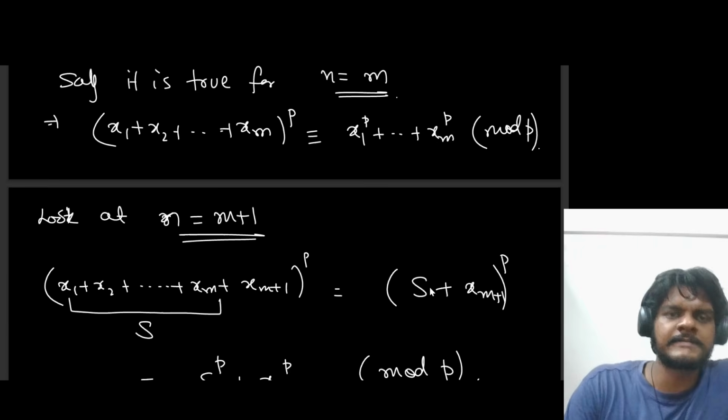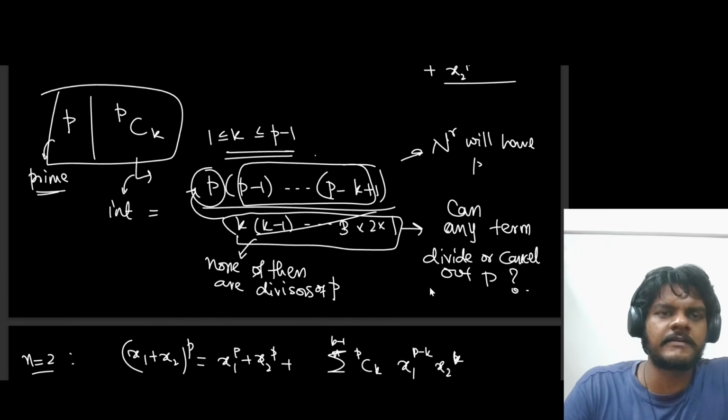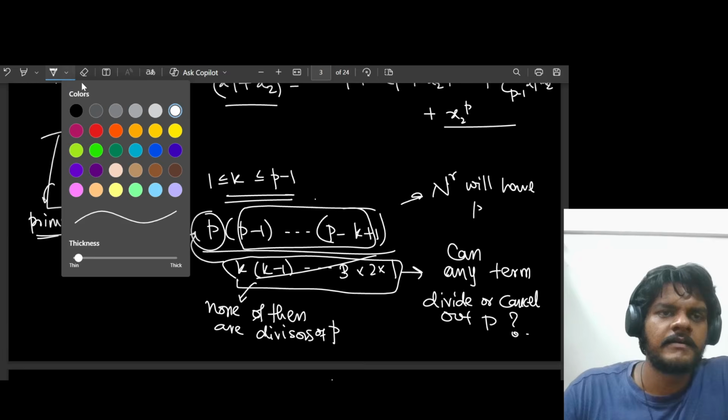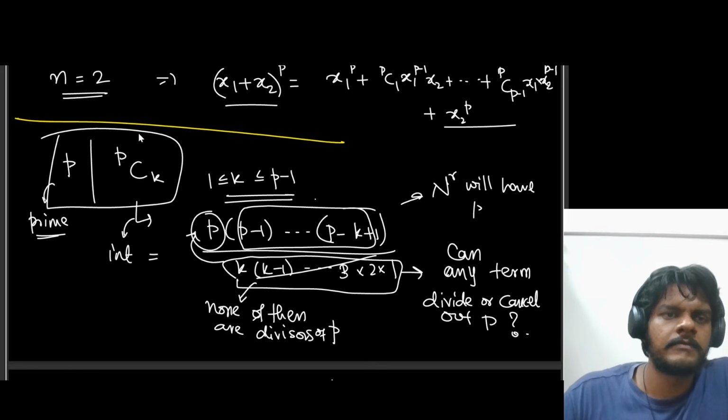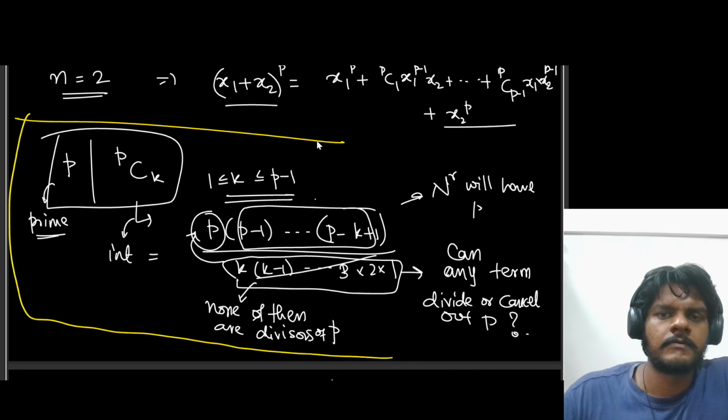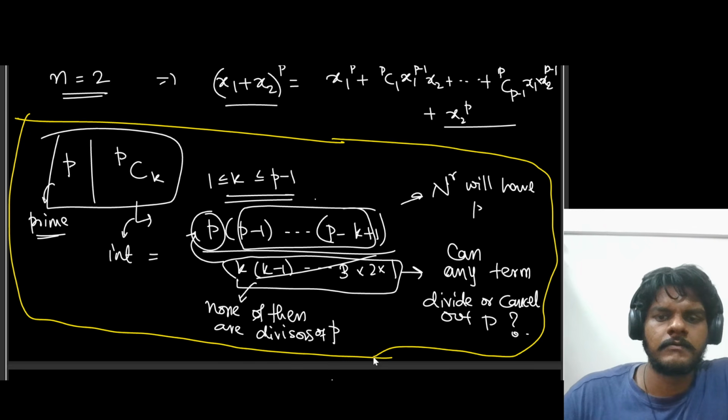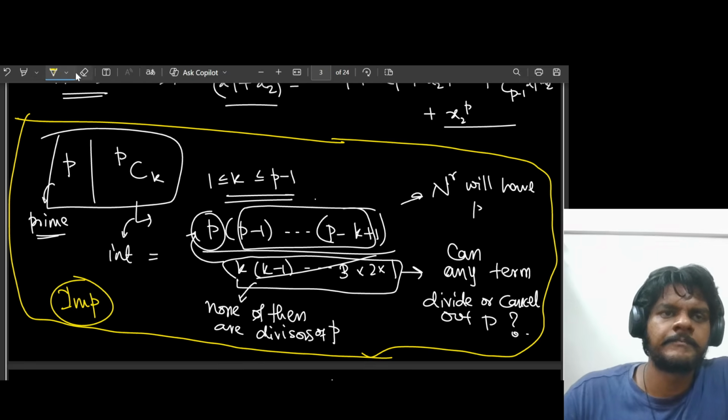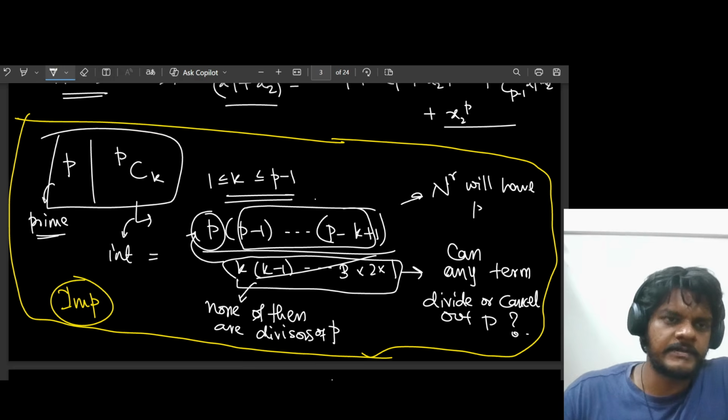P is prime is being used to prove this part. This is the important part. I will highlight it. Okay, so that's about this question.